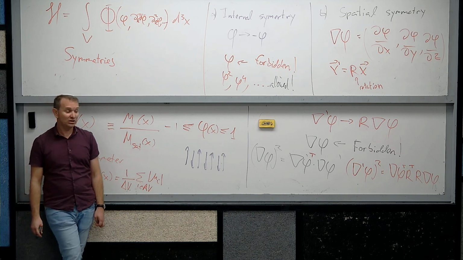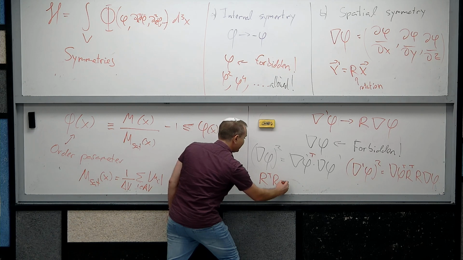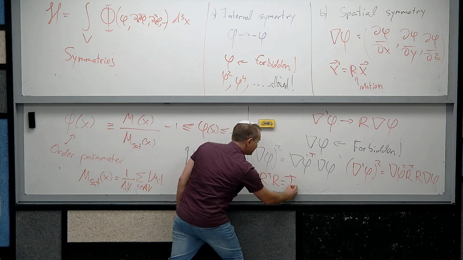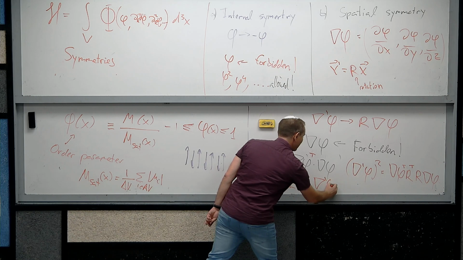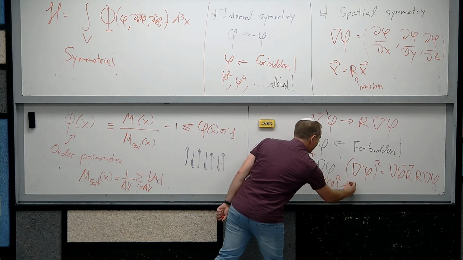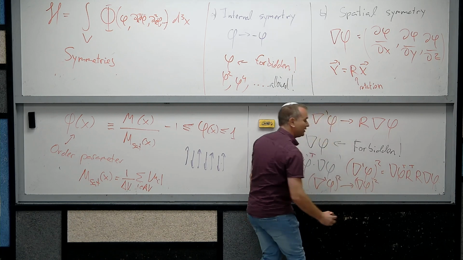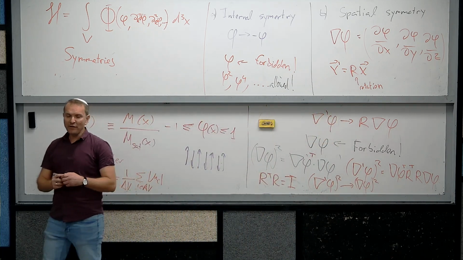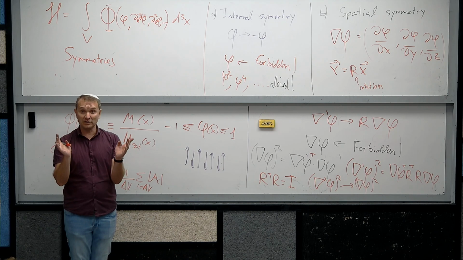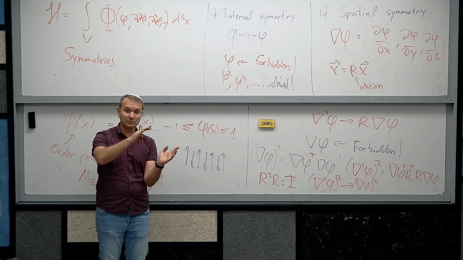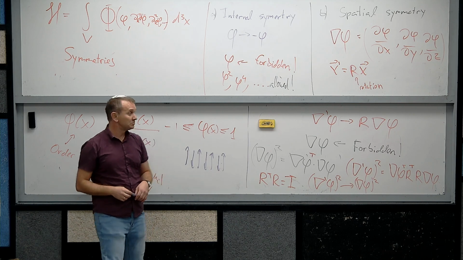It's just a rotation, so R transpose R is an identity matrix, meaning that grad prime of phi squared goes to grad of phi squared. So if I have a term that is not a gradient of phi but gradient of phi squared, and I rotate my system, it does not affect the energy.